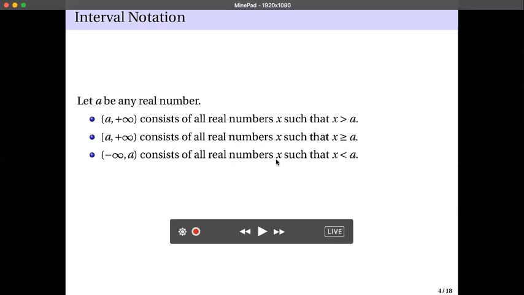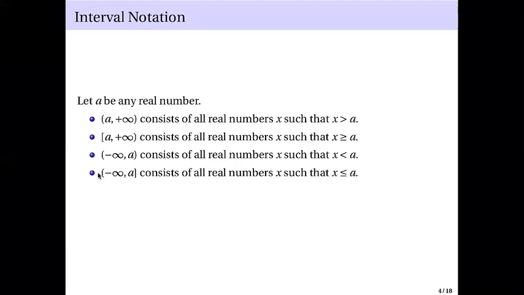This is the set of real numbers such that x is less than A. And finally, we have open parenthesis negative infinity comma A close square bracket. So in here we include A. This is the set of real numbers x such that x is less than or equal to A.